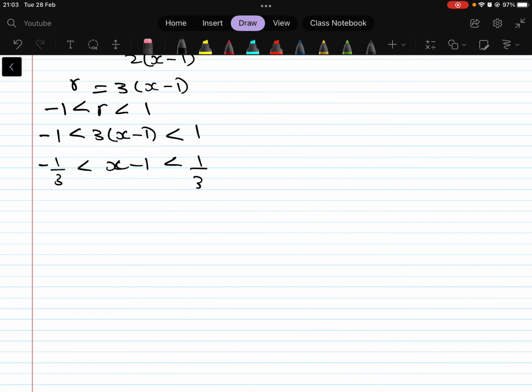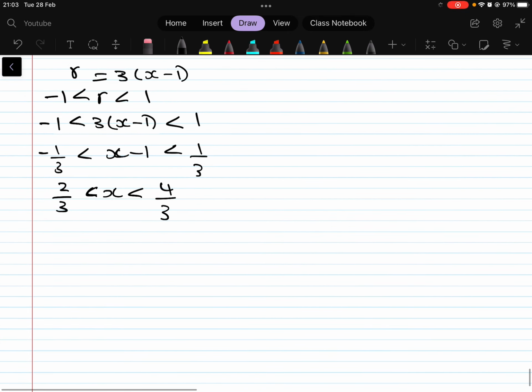So move 1 to both sides. You're left with x in the middle, and then 1 minus 1 over 3 gives you 2 over 3, and 1 plus 1 over 3 is 4 over 3. That's your value of x for which the series will converge.